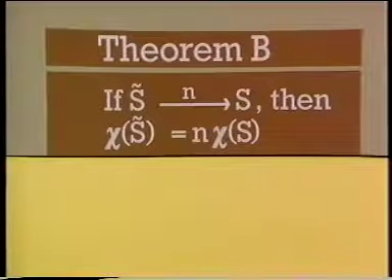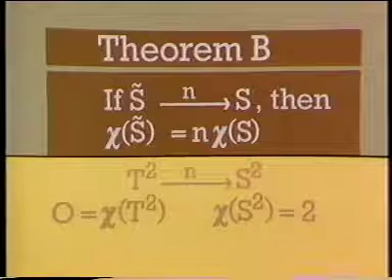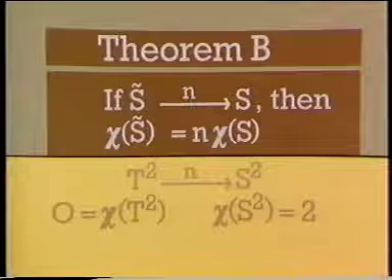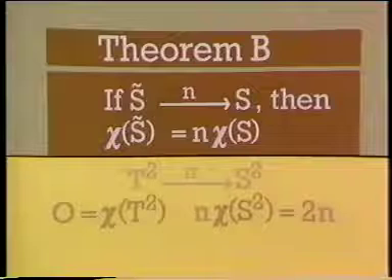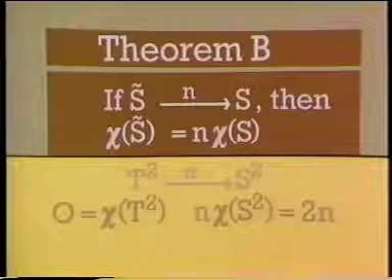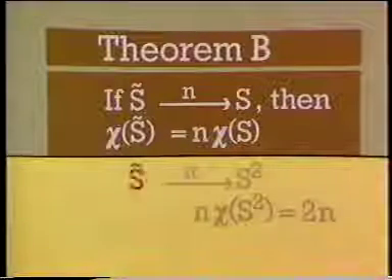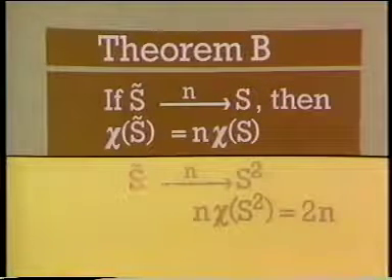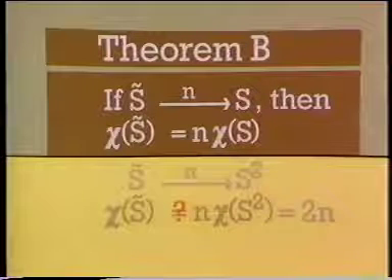So what about the possibility of T2 covering S2? Well, their Euler characteristics make it impossible, because theorem B tells us that the Euler characteristic of a cover of S2 has to be 2n, which can't be 0 because n is greater than or equal to 1. In fact, consider the possibility of S2 being covered by any surface S tilde. Can we find any S tilde whose Euler characteristic satisfies our theorem?